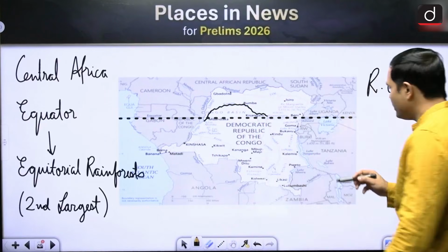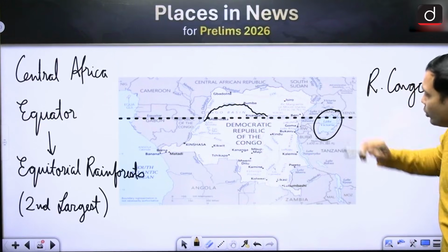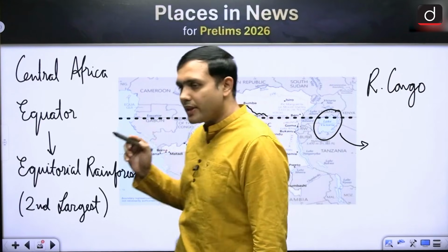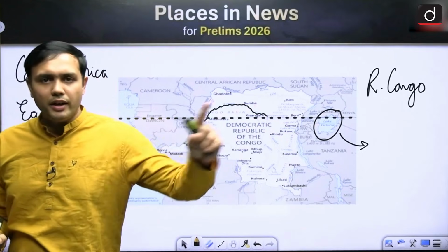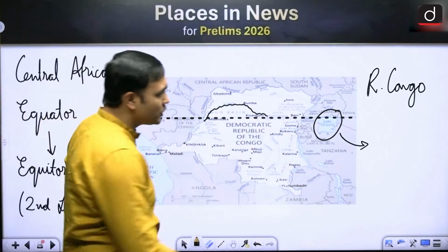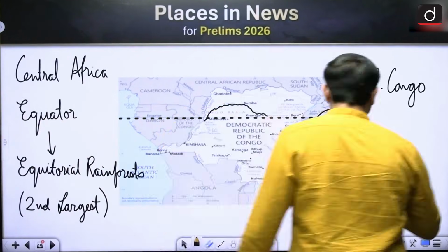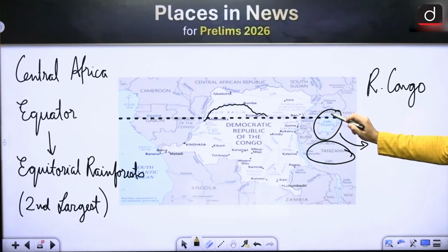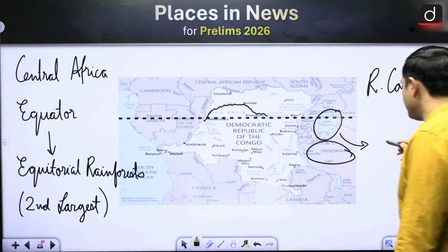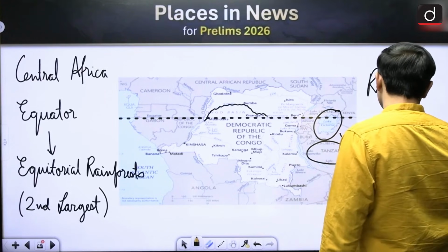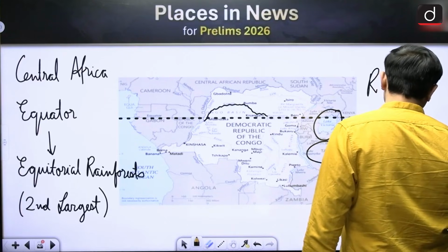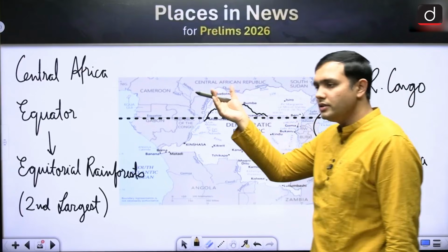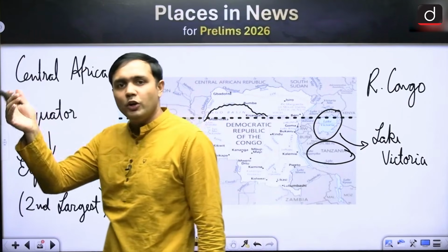Next is, what you have to remember is that there is Lake Victoria here, right? Now, we see that this particular country is bordering which country that we had seen in the last class, that there was Tanzania just on the eastern border. But you would remember from Tanzania's geography that Lake Victoria is on the northern side of Tanzania.